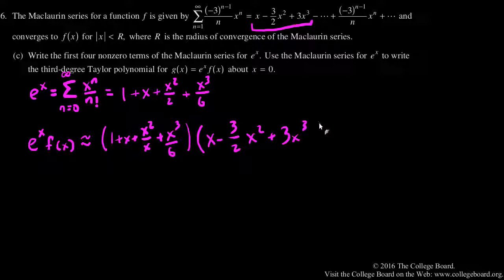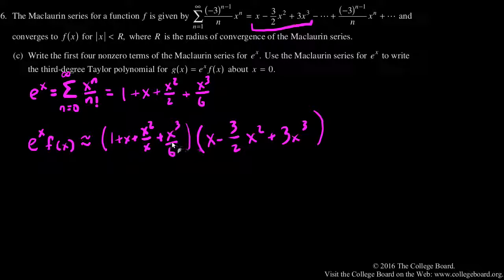This will be enough to get the third degree Taylor polynomial about x equals 0, because I don't need a fourth degree term in either of these. A fourth degree term would give me a fourth degree term or higher when I multiply. So I just need to cover all of the terms up to cubed.